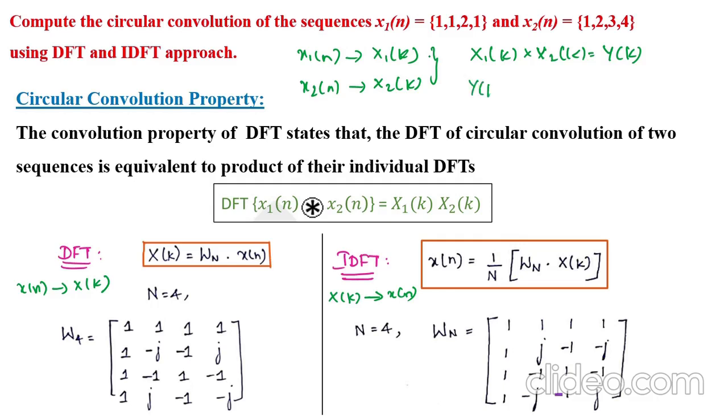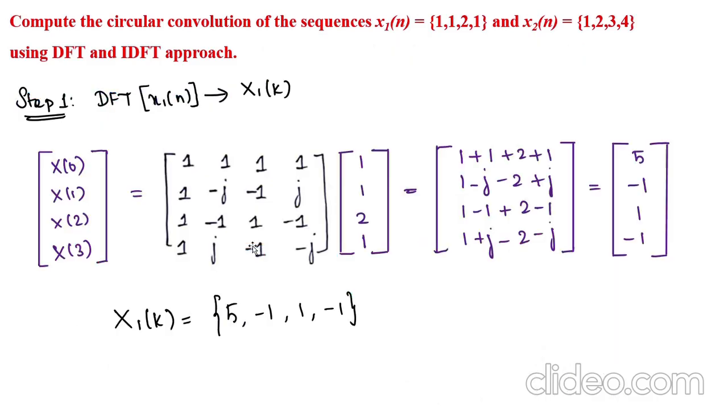Now this y of k will finally be converted to y of n. So this is the whole sequence. It involves 4 steps: step 1, step 2, step 3 and finally step 4. Okay, so let's get into the problem. Once we get into the problem, it will be much clearer.